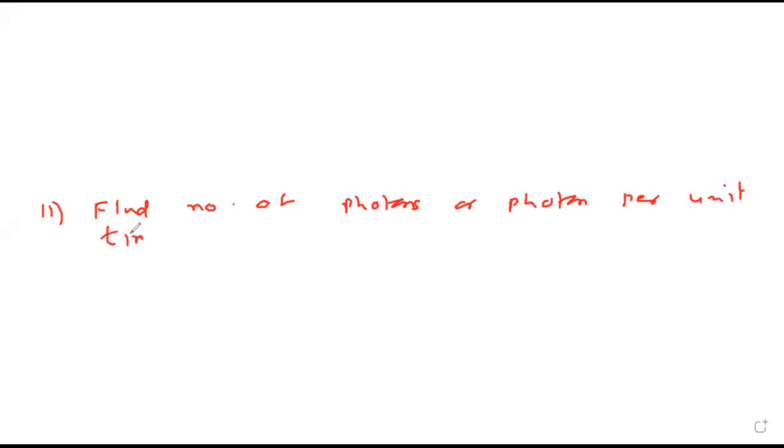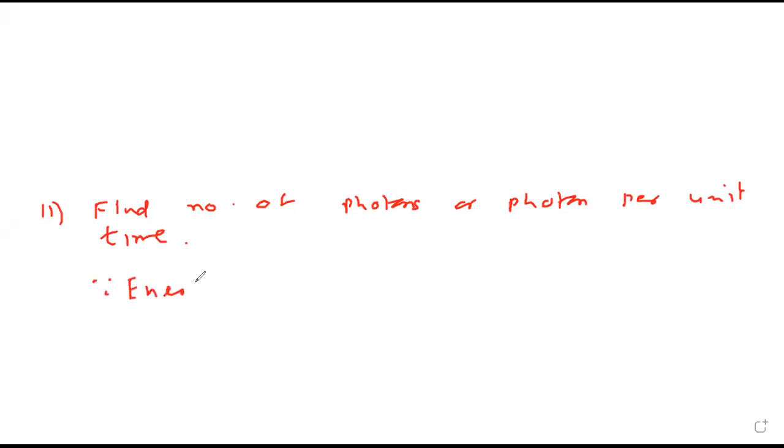Now on this, usually they ask one sum of this type. Find the number of photons, or photons per unit time. So number of photons means n, per unit time means t.